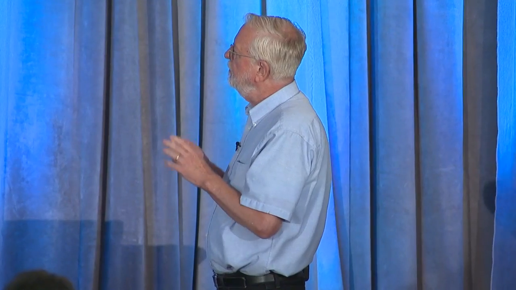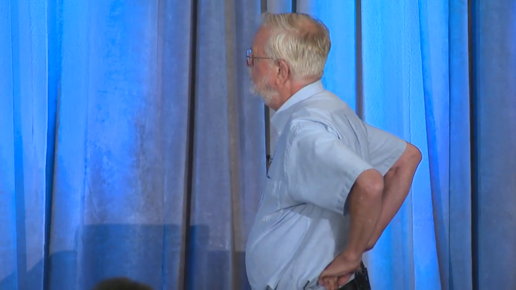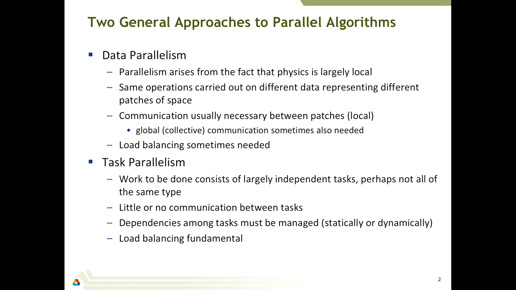And I guess we could start by drawing a distinction of two very general approaches to parallel algorithms. Of course, there are variations on these and combinations and so forth. But I think of data parallelism as the kind where we're doing the parallelism on a grid.